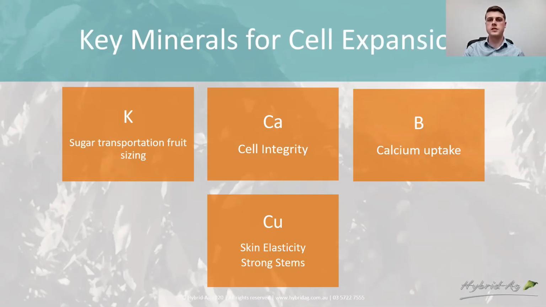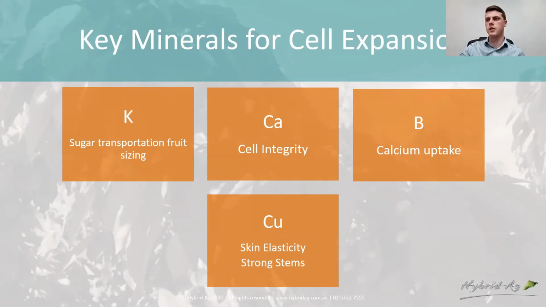So we have potassium, which is in quite a high level in the fruit. Minerally, the fruit of a cherry contains about 1.2% potassium. So it's almost a 1-to-1 with nitrogen. So it's quite a high removed nutrient that we take off the farm each year.